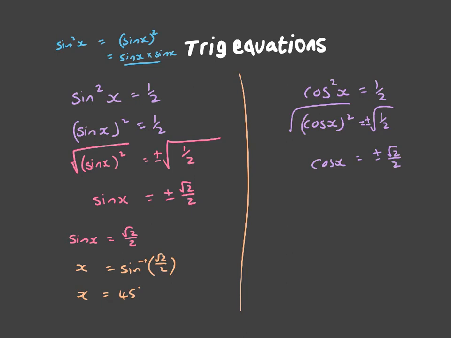That actually means we've got two solutions, but just for now we're only going to use the positive solution, root 2 over 2. And therefore, arccos of root 2 over 2 is going to equal x, that's my angle. And therefore, what is x equal to? That's equal to 45 degrees.